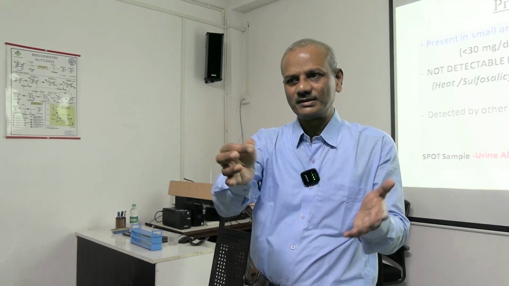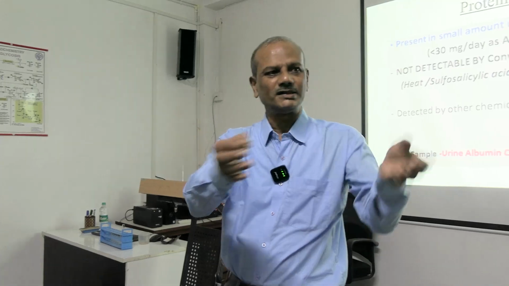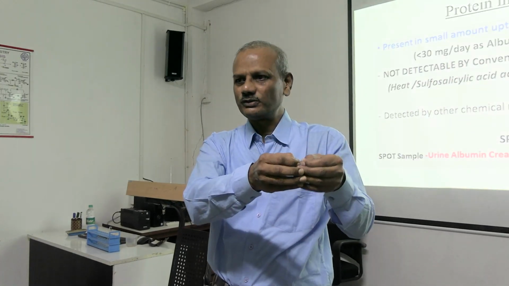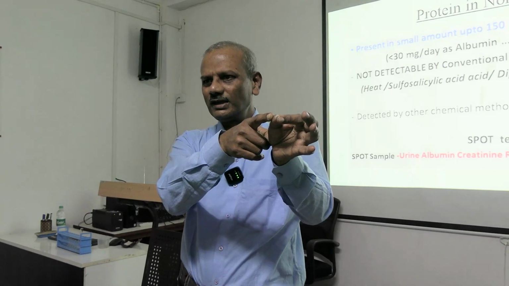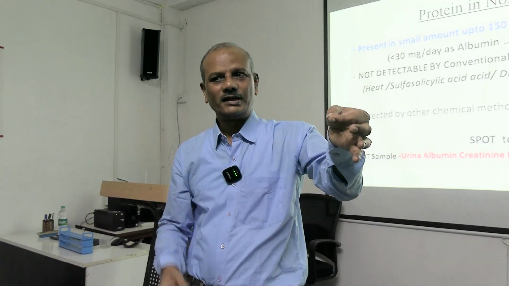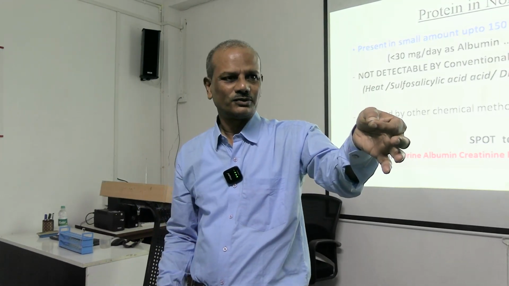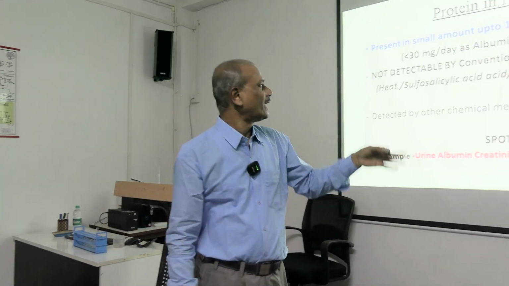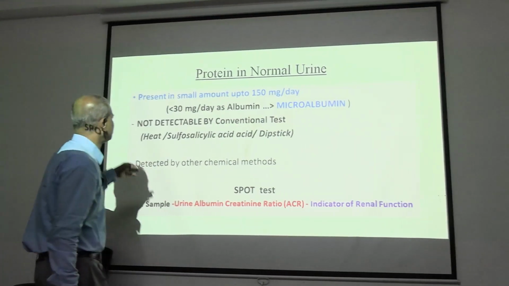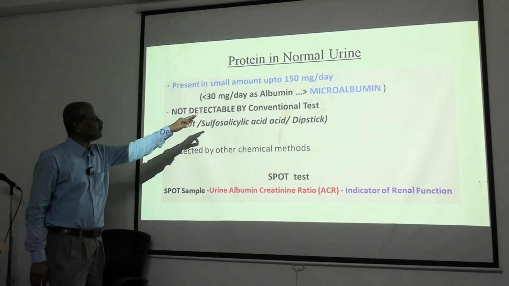If you take a normal balance, it will not weigh, even the chemical balance which we use for weighing chemicals, because this amount is very less. But if you put it in an actual research laboratory, it will show you the weight. So that depends on what type of method you are using. So it is not detectable by the conventional test.